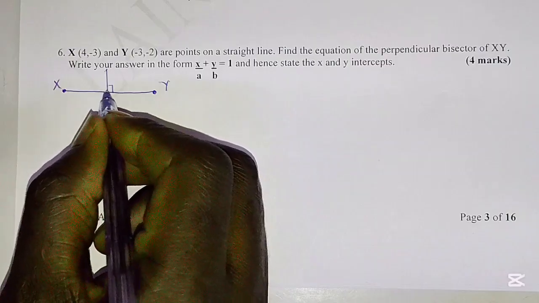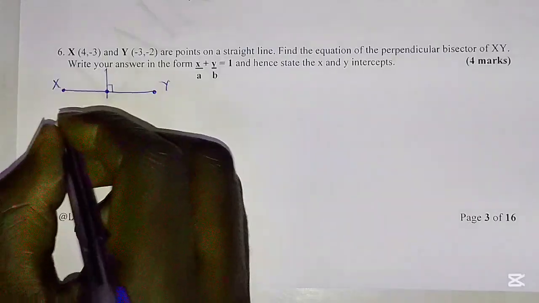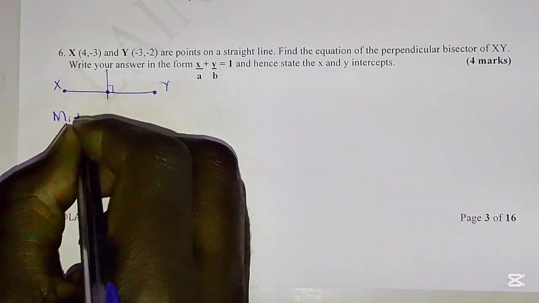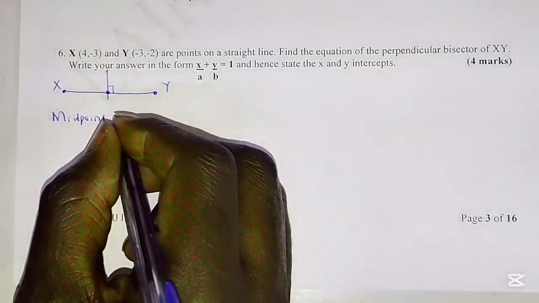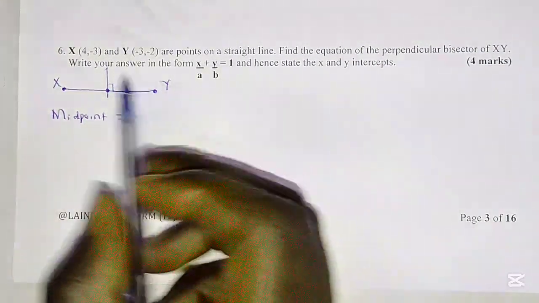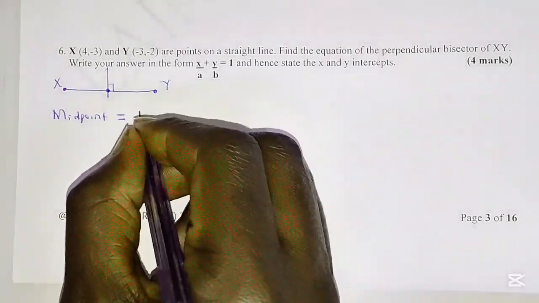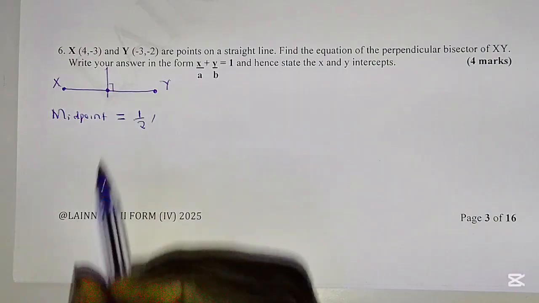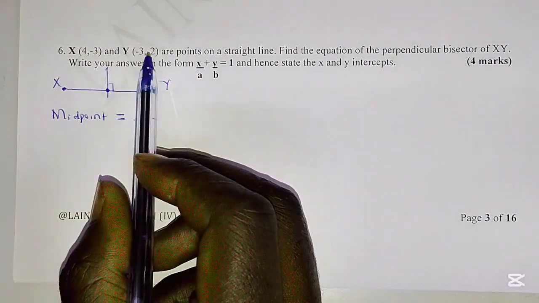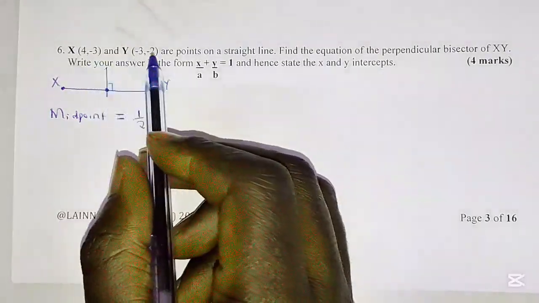Perpendicular bisector means it passes at the center and it is perpendicular. So if it is passing at the center, we need to find the coordinates of the midpoint. Now, midpoint, we know that it is x1 plus x2 divided by 2. So, in this case, it's going to be 4 plus negative 3, which gives me 1 divided by 2, comma, negative 3 plus negative 2.